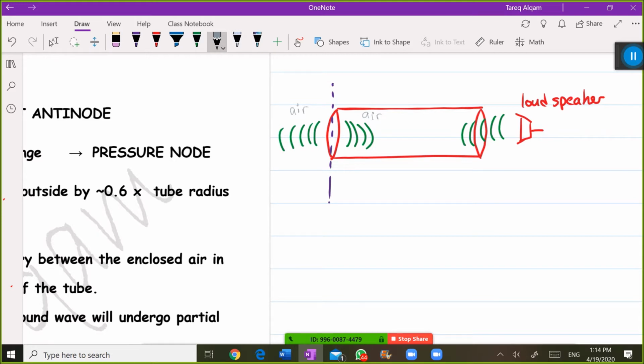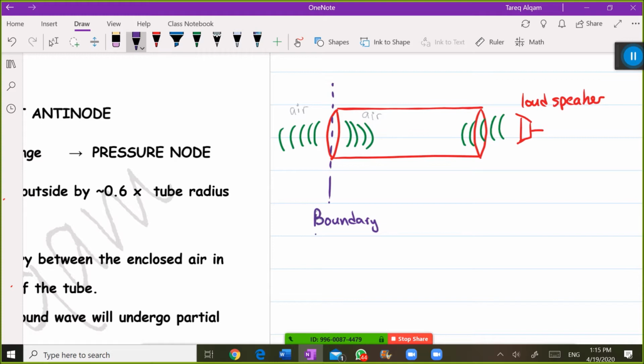So here, this is a boundary. As a result of this difference in density, this becomes a boundary between two different media, right? So as a result of that, there are waves transmitted and waves reflected.